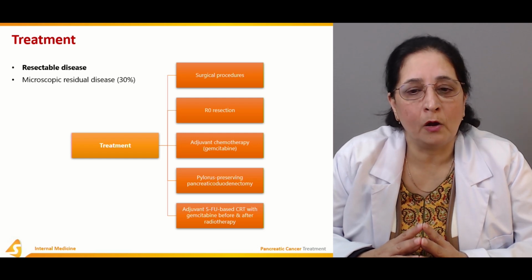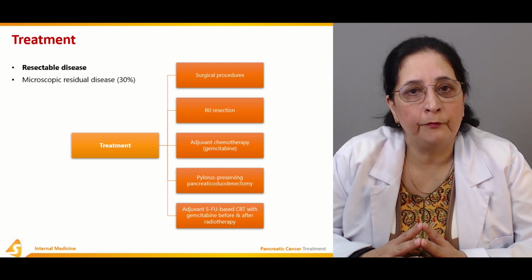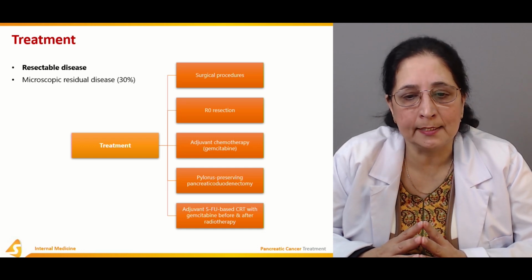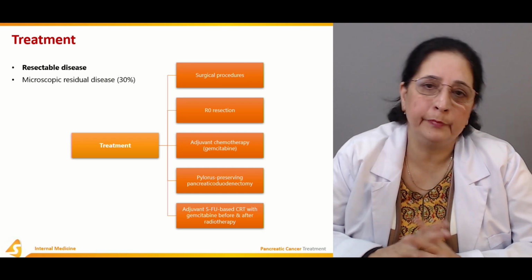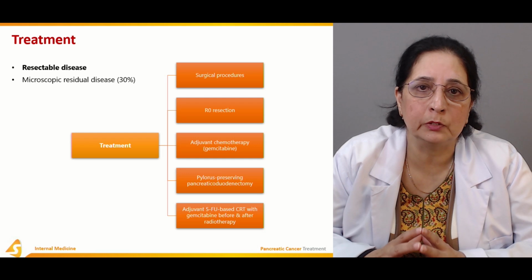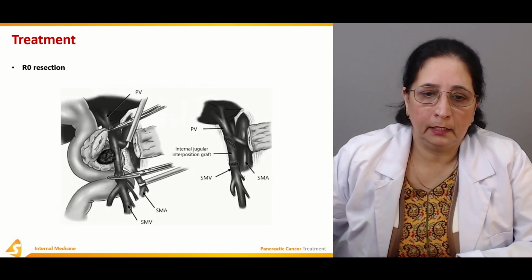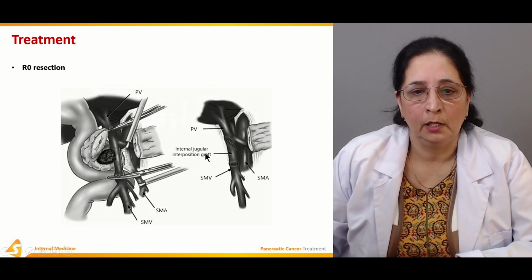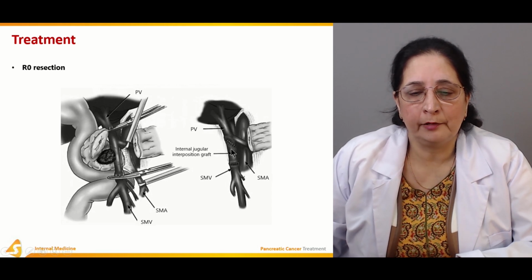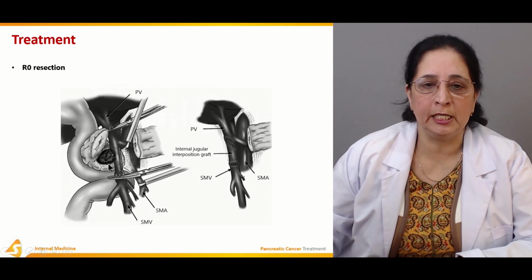Then, along with the gemcitabine, we have 5-fluorouracil-based CRT used before and after radiotherapy. The picture shows the R0 resection, with internal jugular interposition graft performed after the resection of the tumor.